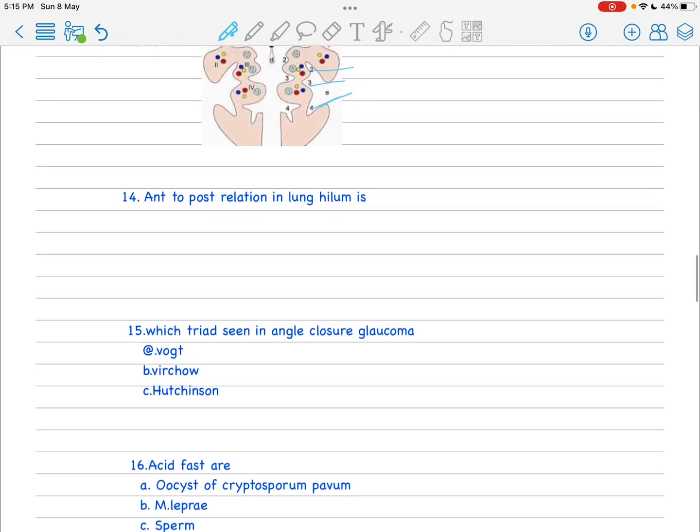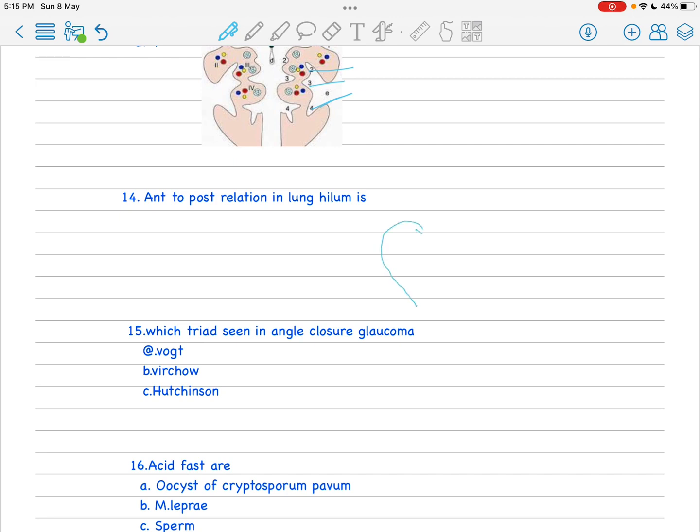And next is the anterior to posterior lung hilum relationship, and you have to remember this from anterior to posterior.